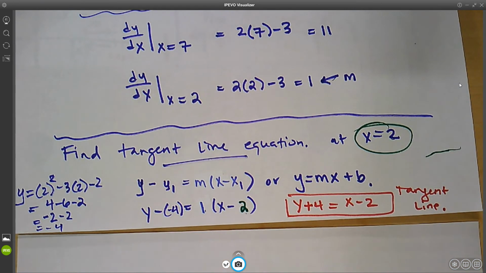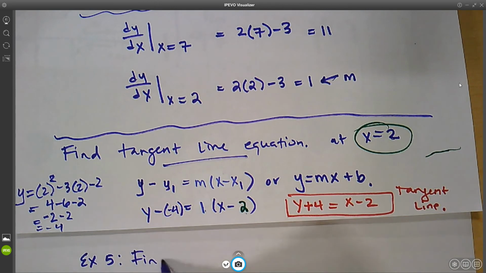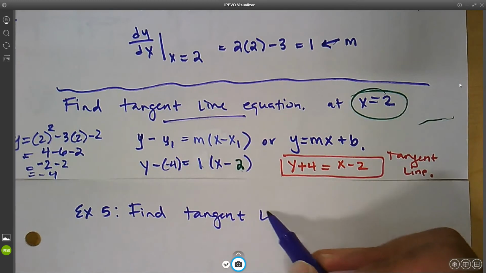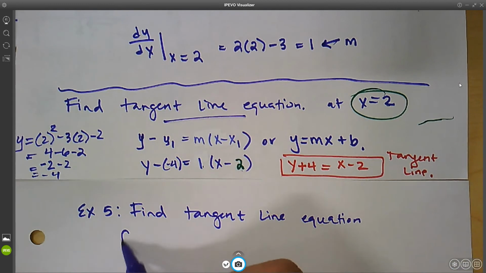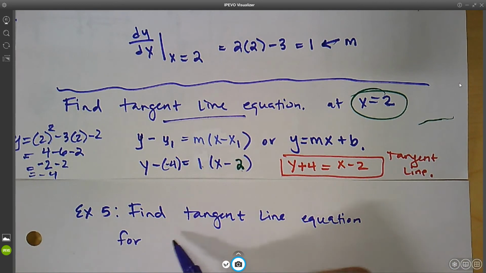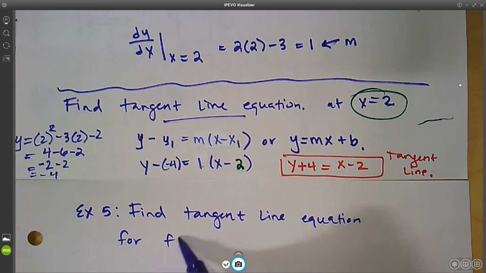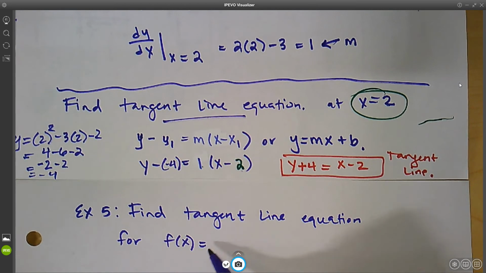Okay, one more example. Find the tangent line equation for f of x equals, well, actually, let's say g of x equals x squared plus x.